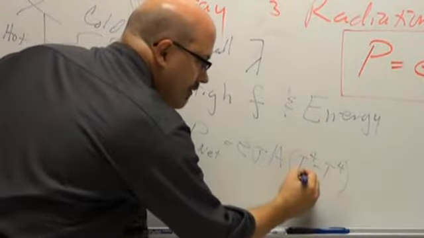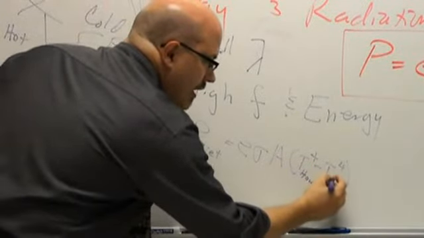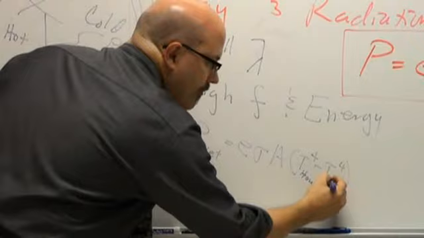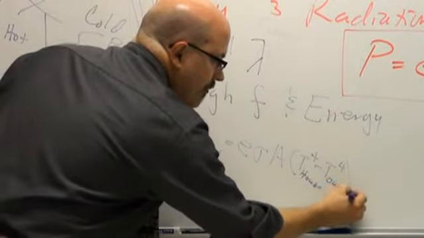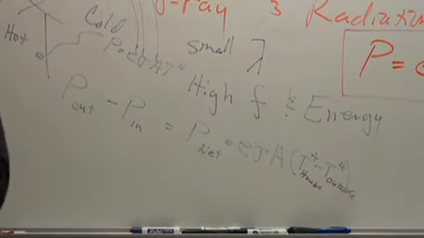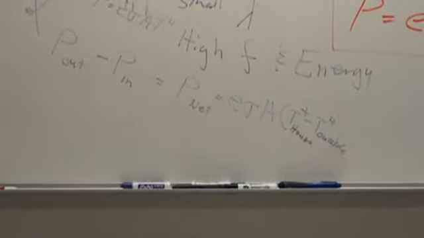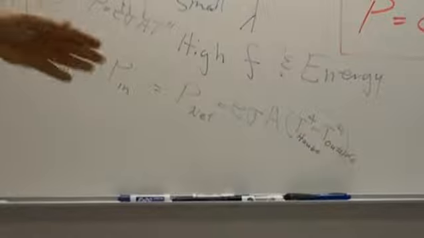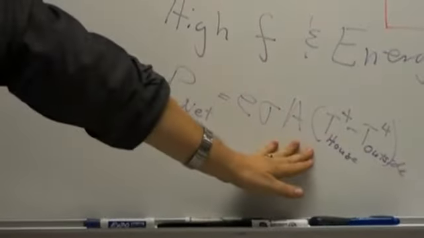This is from the house, and this one is from the outside. Does that make sense? So essentially you solve how much radiation is going away, how much is coming in, and you subtract them. But since emissivity, sigma, and area are the same, you can do it all in one step if you'd like.